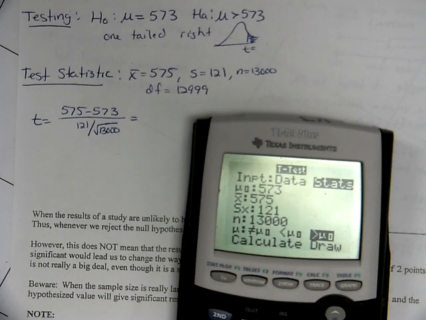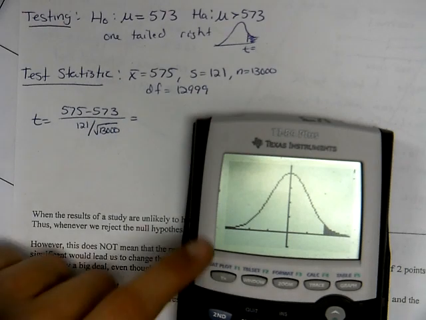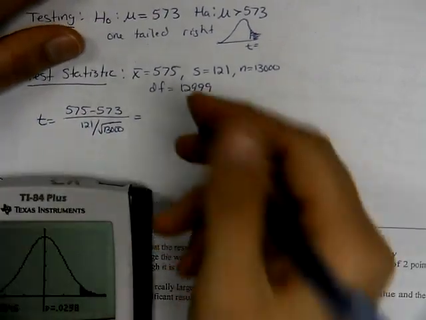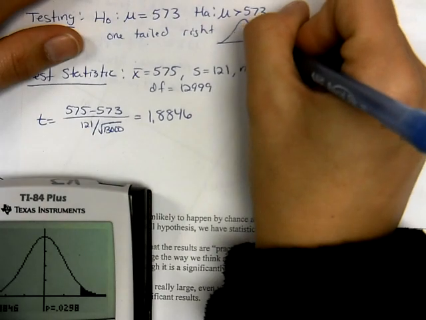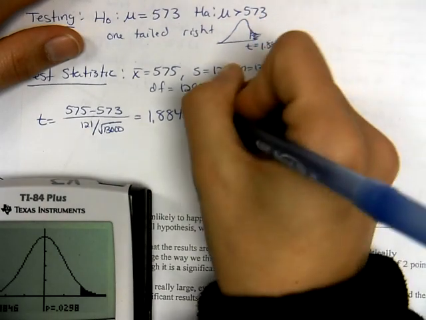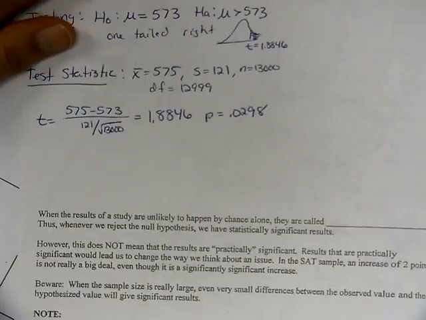Now again, you can either calculate or draw it. It will still draw if your scatter plot's still on. So you get T is 1.8846. Our p-value is 0.0298.